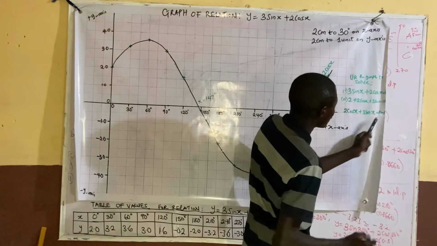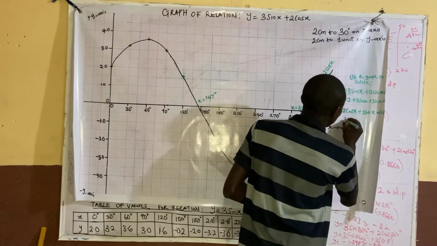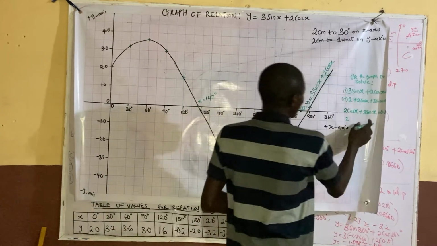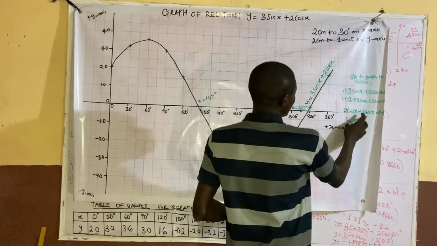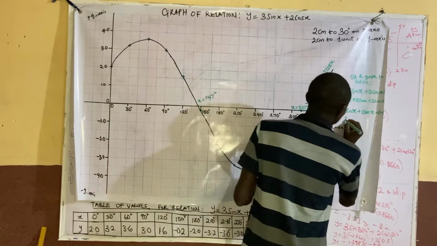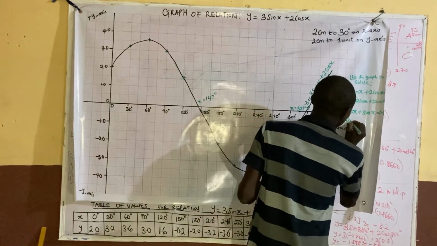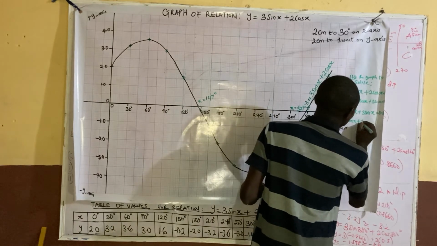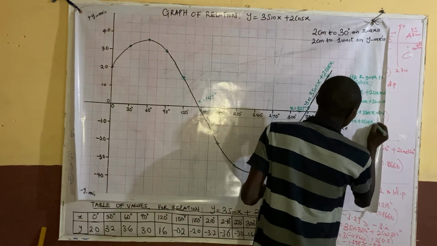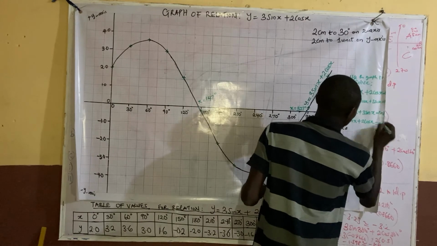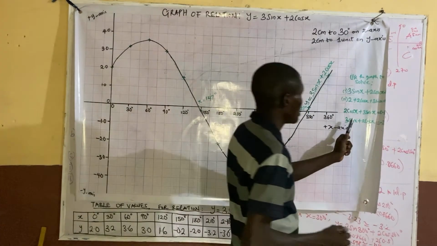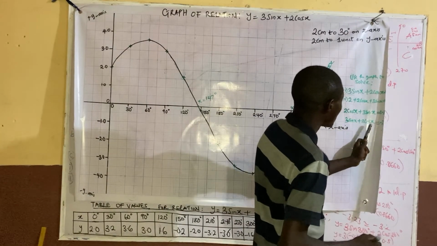Now I can rearrange it by writing 3 sin x first. So 3 sin x plus 2 cos x equals minus 2.